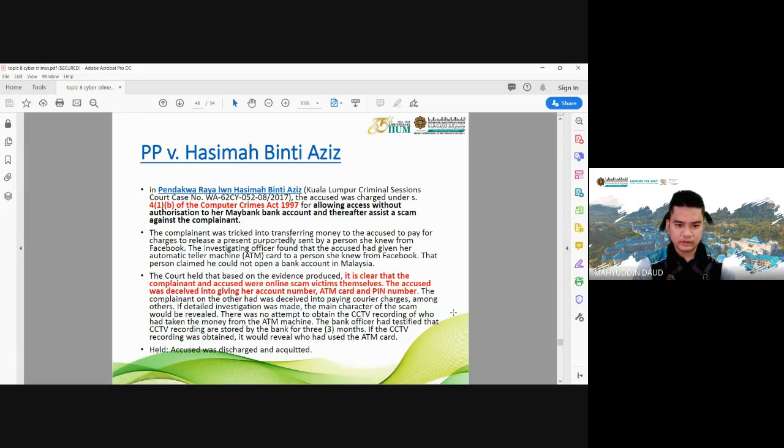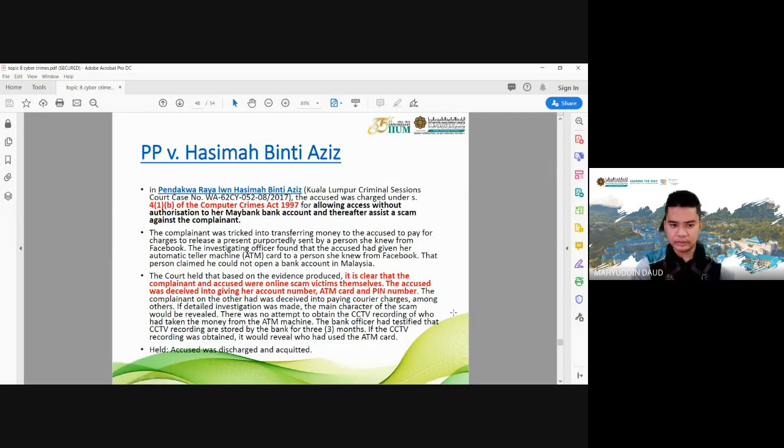Tapi in this case, the court, after looking at the whole facts, found that it is clear that the accused was just an online scam victim. The accused was deceived into giving her account number, ATM card, and PIN number, and therefore the accused was not guilty of Section 4 Computer Crime Act.